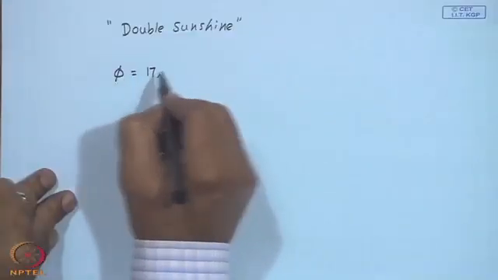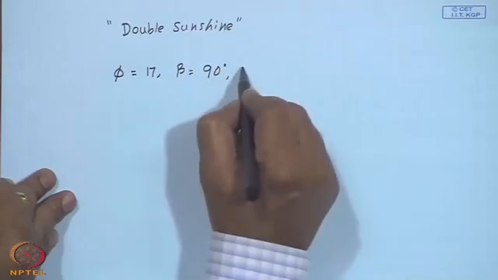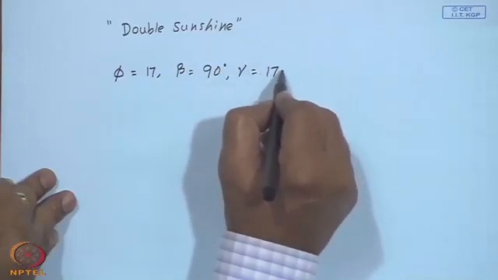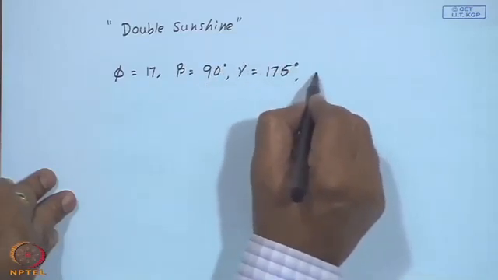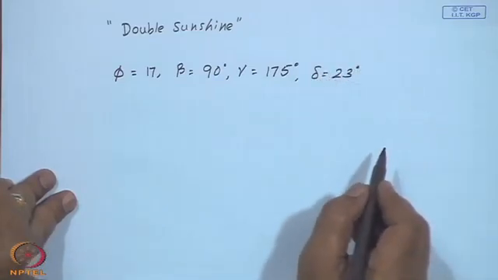where there is double sunshine we have already discussed, and case 4 is having a latitude phi of 17 degrees, beta of 90 degrees with a gamma of 175 degrees and declination being 23 degrees. This is June, something like that.